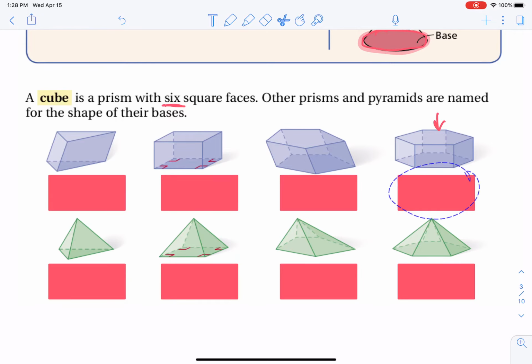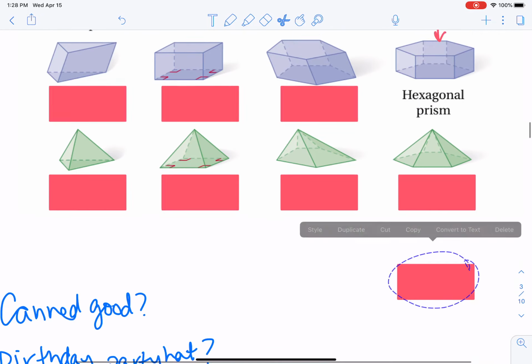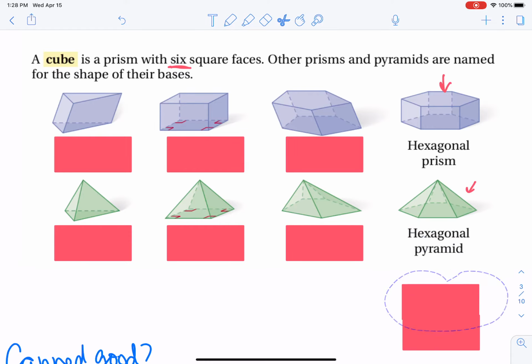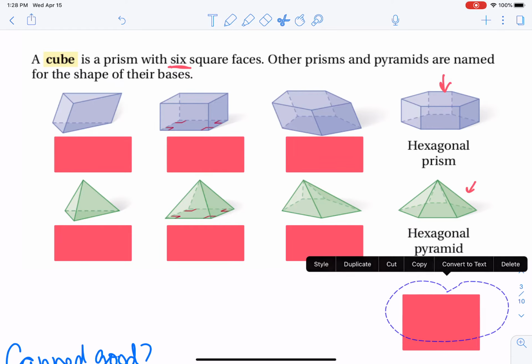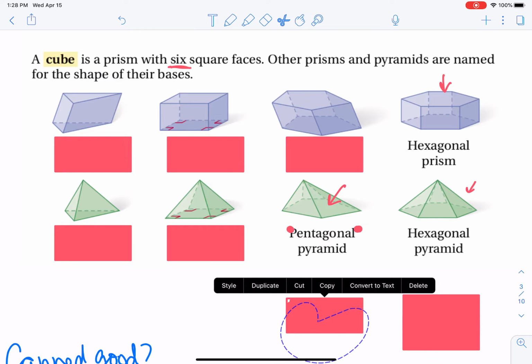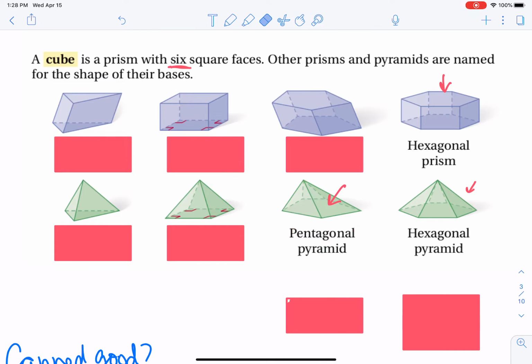Let's move that. The base is a hexagon, but it is not a prism because it comes to a point. So it would be a hexagonal pyramid. This one would be a pentagonal pyramid. And this one, since the bases are pentagons, it would be a pentagonal prism.